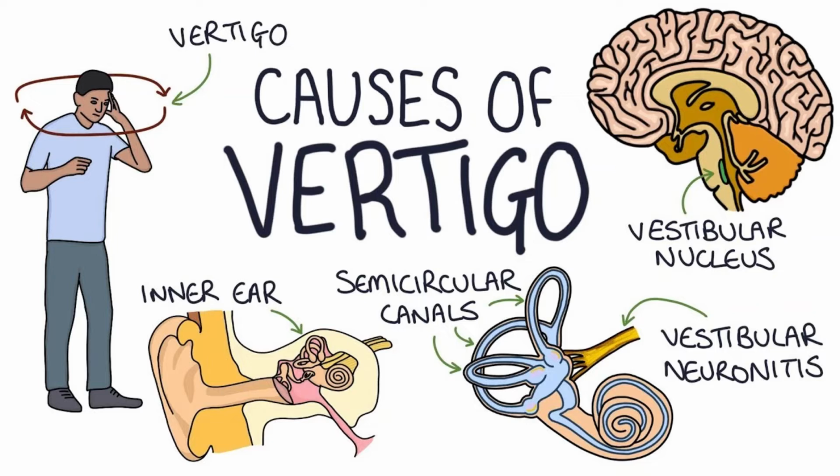These specialized receptor cells respond to vibrations and motion. These semicircular canals are 3 loops of fluid-filled tubes that are attached to the cochlea in the inner ear. All right, this is where your sense of balance comes from.